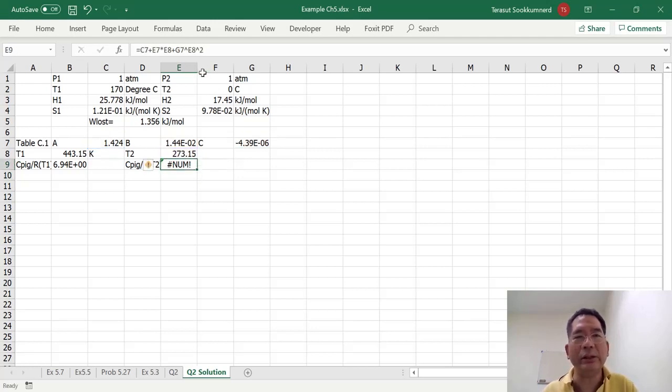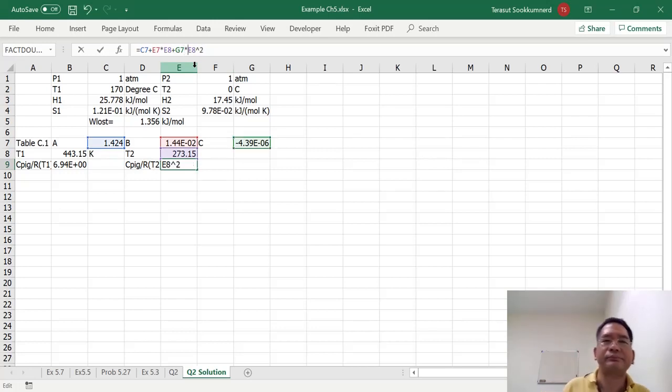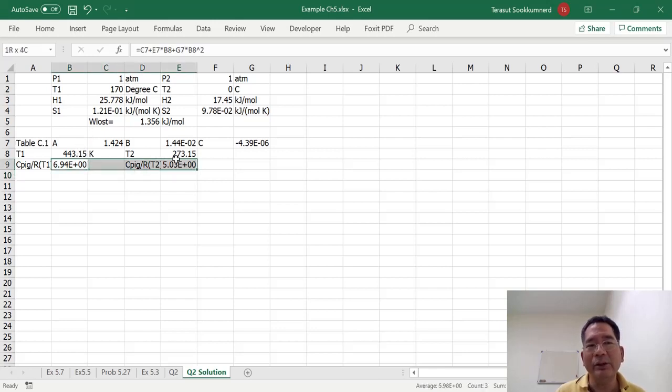So as you can see, the difference between the CPIG over R at these two temperatures is a lot.